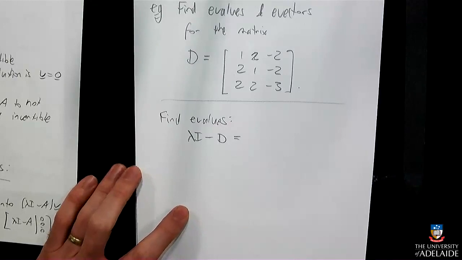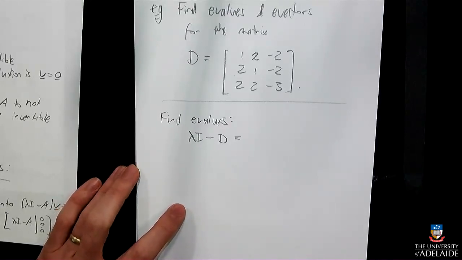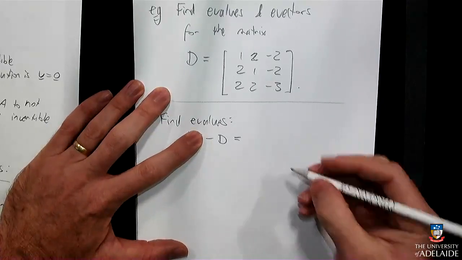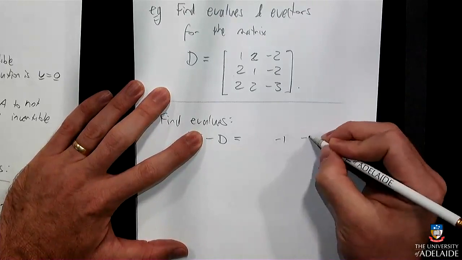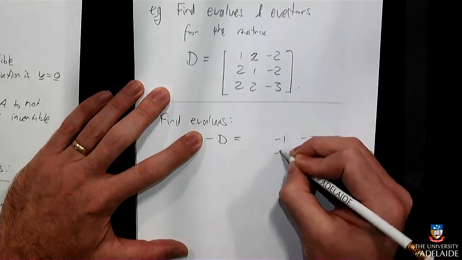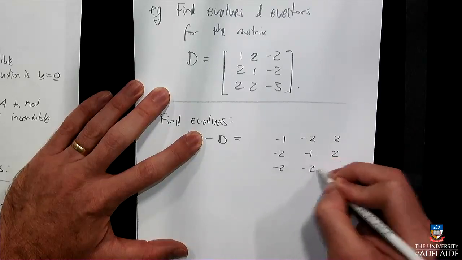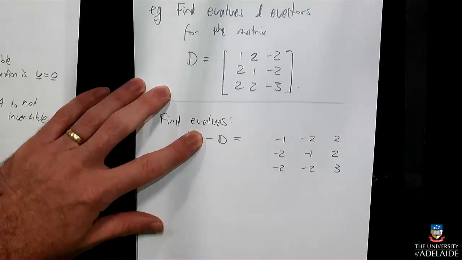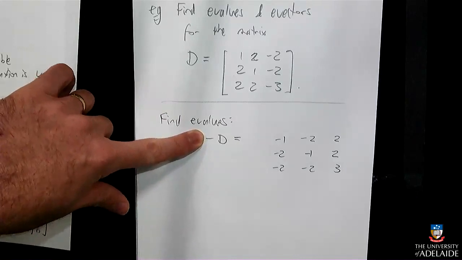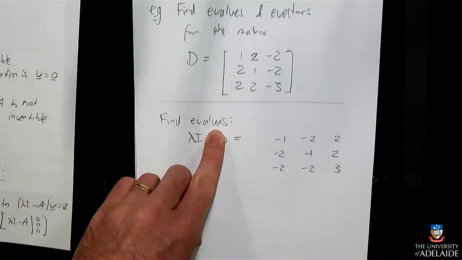And I find it easiest to first write down what minus D is. Okay, just switch all the signs in D. And then I have to add on lambda times I.